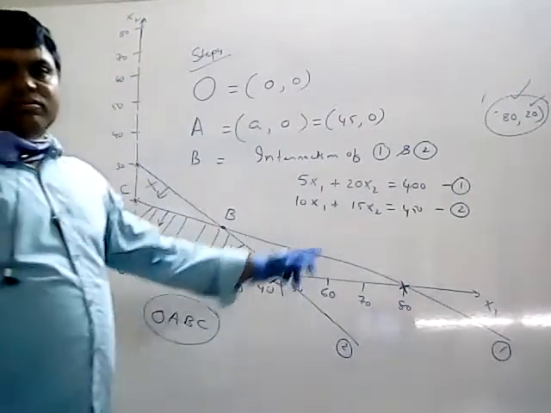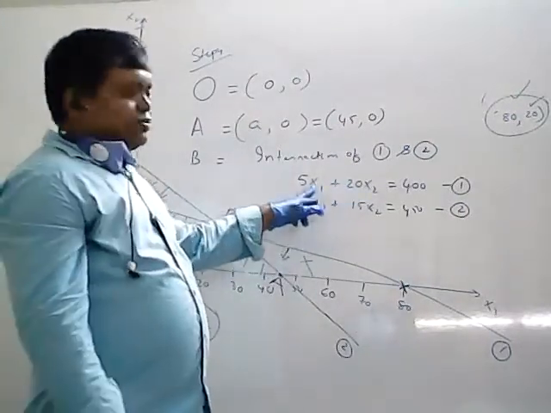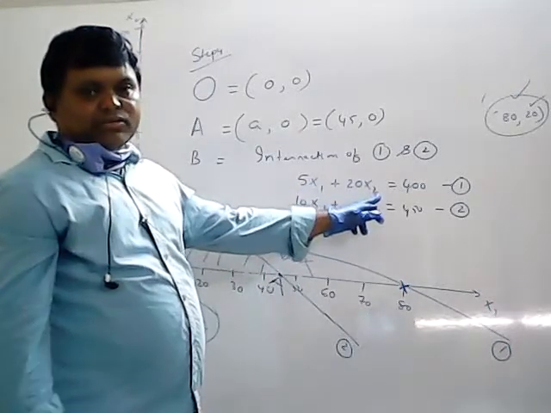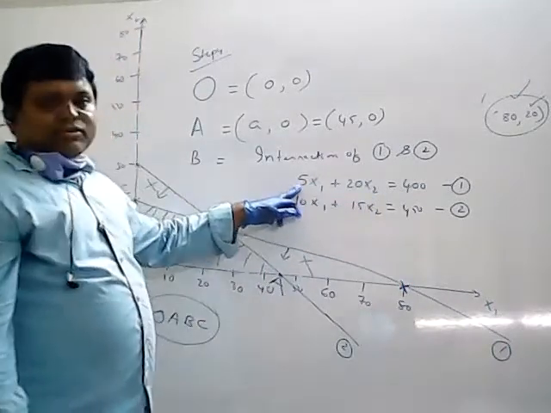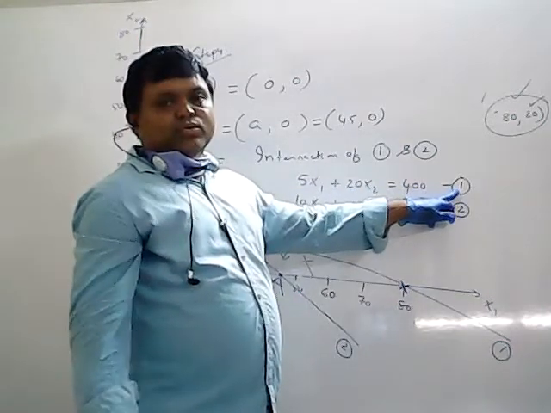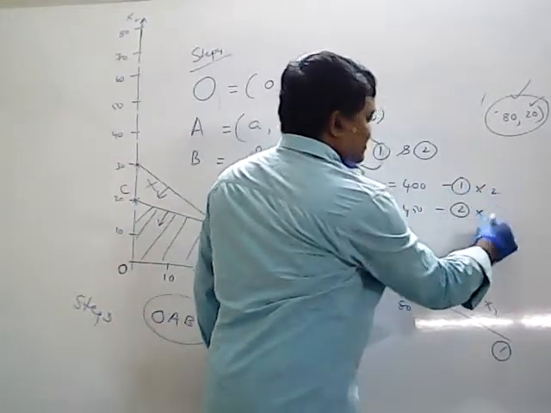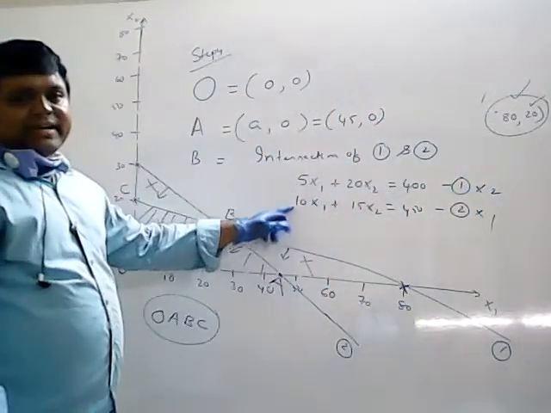I think all of you know how to solve these equations. Either you make the x1 coefficients equal or the x2 coefficients equal. So I will make the x1 coefficients equal. This is 10, you have 5 here. That means first equation into 2, second equation into 1. Then you will get 10, 10 here.